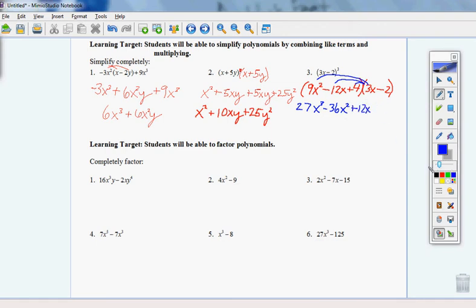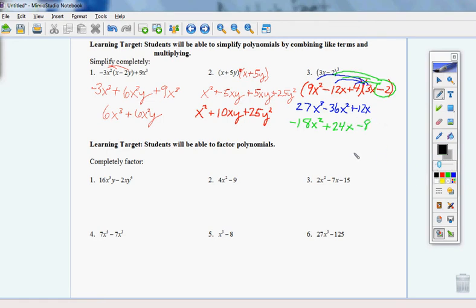And I'll never be able to write all this in the same line, so I'm going to take the negative 2 here and do the same thing, distribute it to all 3 parts. So that's going to give me negative 18x squared, then a positive 24x, and then a negative 8.